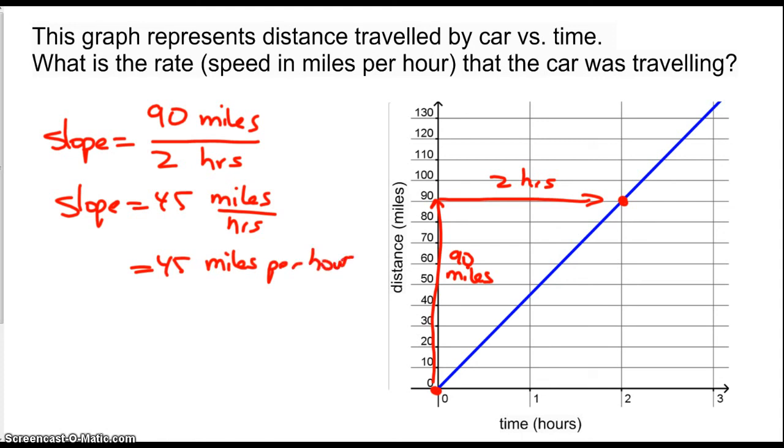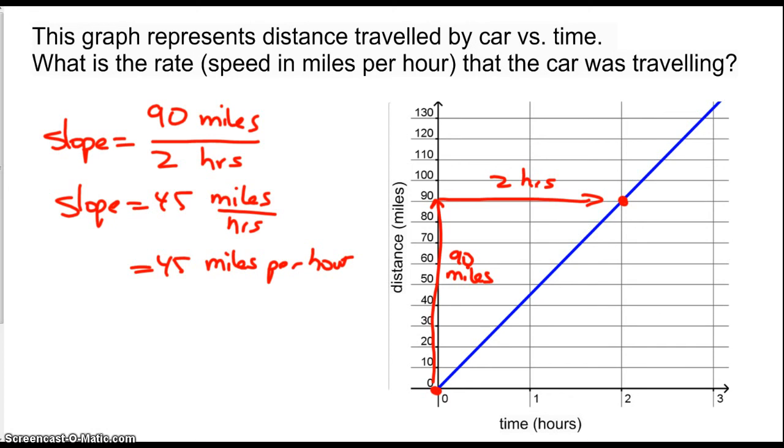Right? So if we travel 90 miles in 2 hours, and we're traveling steadily, so it's a line, then that means we're traveling 45 miles for each of those hours, or 45 miles per hour. So 45 miles per hour represents the slope of this line. Okay? So that's what I mean by slope can relate to the idea of rate. Okay, we're going to go into more detail on slope in the next video.